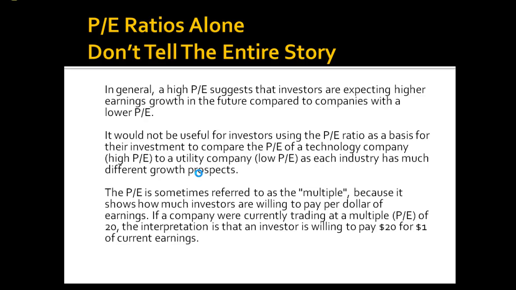So let me just talk about why PE ratios alone do not tell the entire story. In general, a high PE suggests that investors are expecting higher earnings growth in the future compared to companies with a lower PE, right? However, the PE ratio doesn't tell us the whole story by itself. Okay, it's usually more useful to compare the PE ratios of one company to other companies in the same industry, or to the market, or against the company's own historical PE.